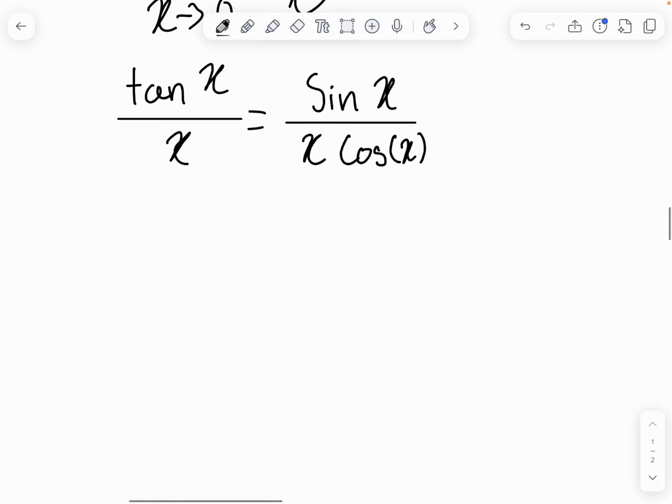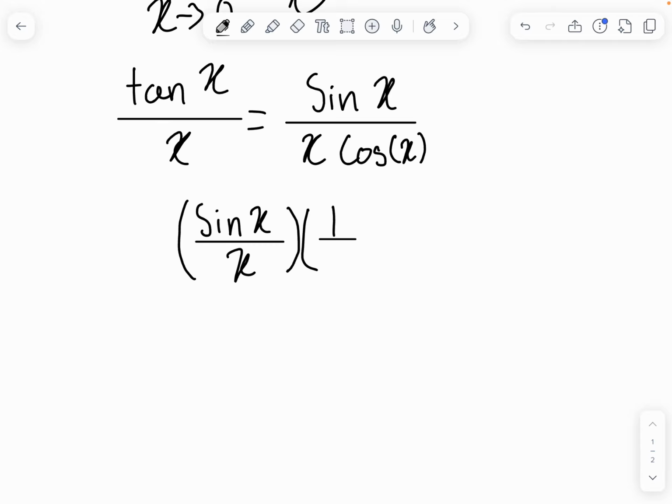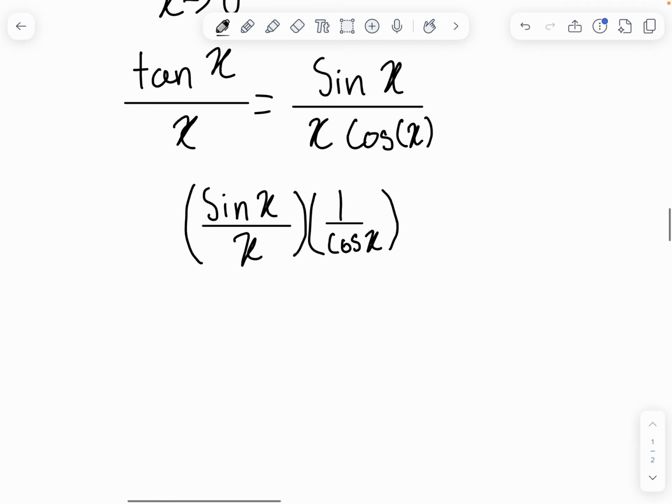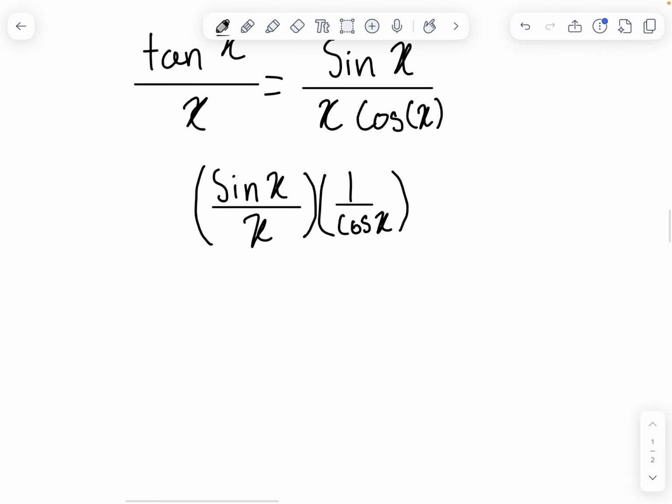So now we just separate the factors so that this would be sine x over x times 1 over cos x.